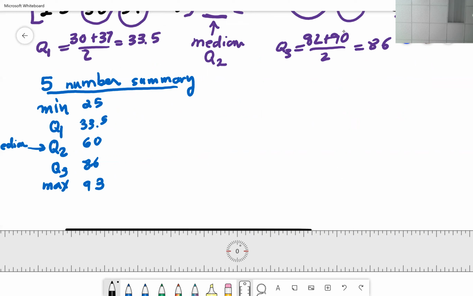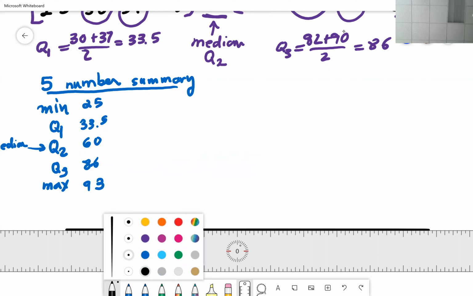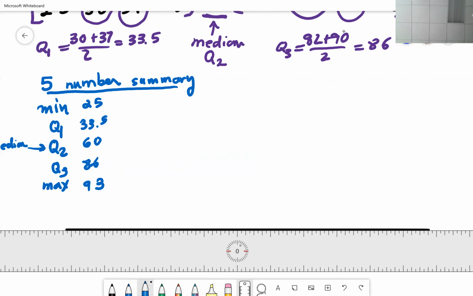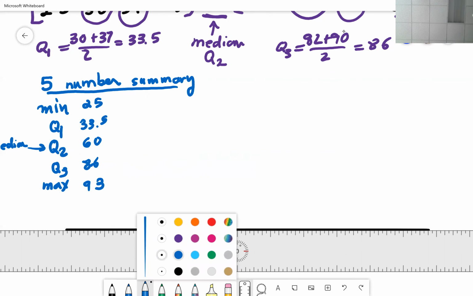So I'm making a number line at the bottom there. I'm going to pick a scale. I think it ranges from 25 to 93, so let me make it a little bit longer. I'm going to change the color to orange.